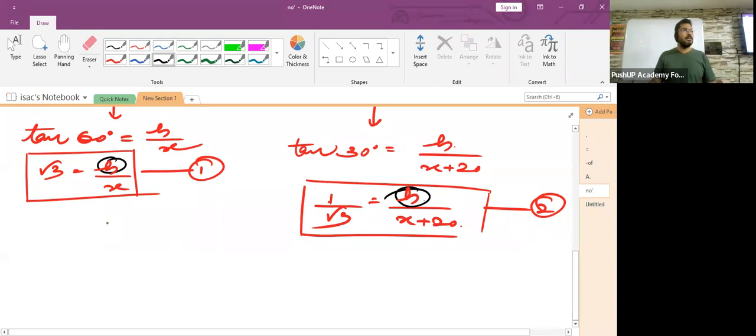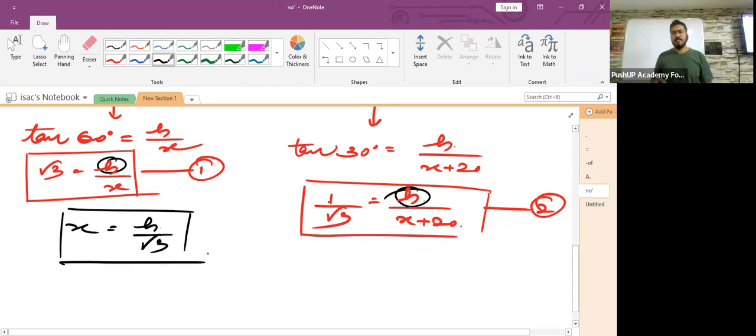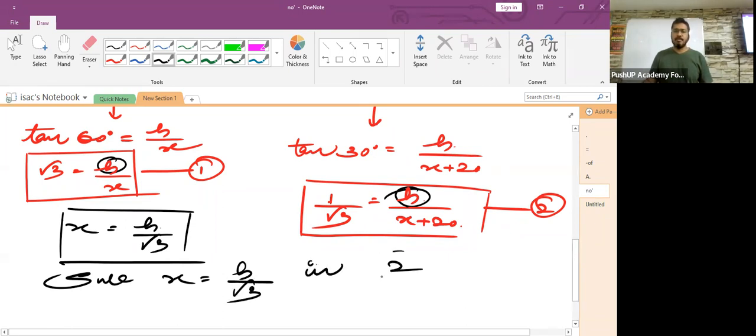You know root 3 is equal to H upon X. So x will be H upon root 3, isn't it? Express the value of x in terms of h, and then substitute the value of x as h upon root 3 in equation number 2.